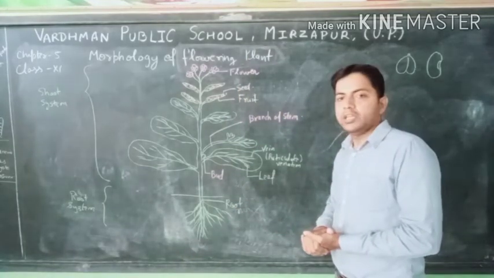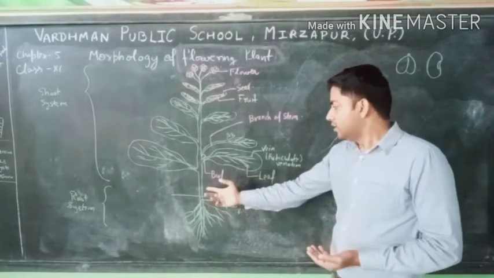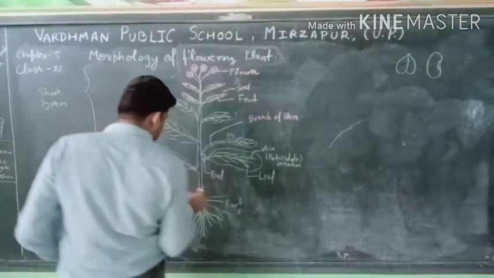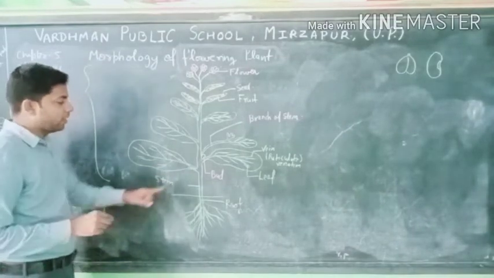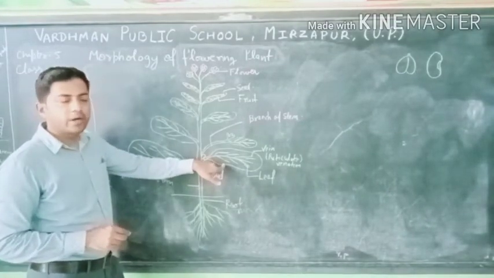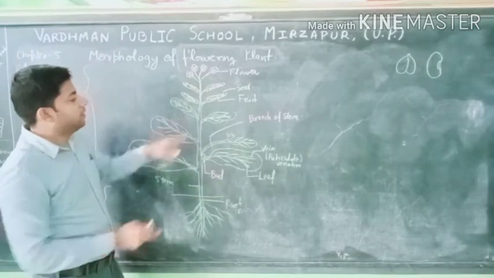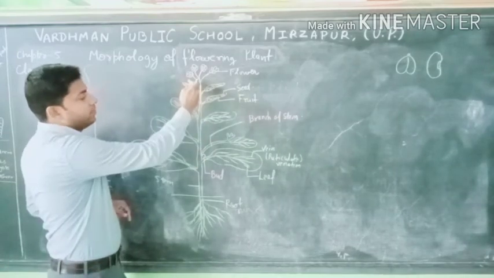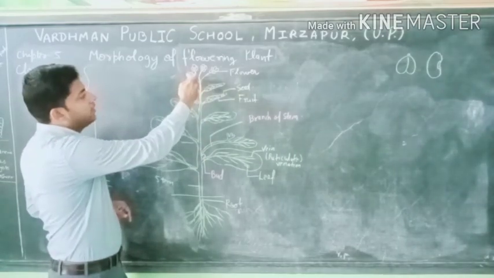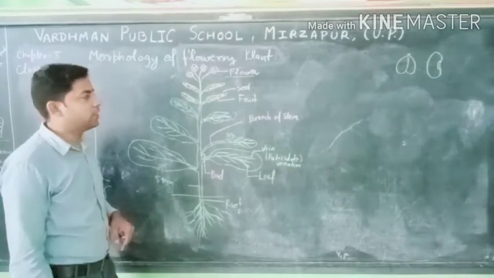If we see this diagram, we can say that the main part of the plant is the stem. The leaf is the modified part of the stem. Now, this leaf again synthesizes the upper part of the stem, and further a number of flowers are synthesized at the tip of the plant.